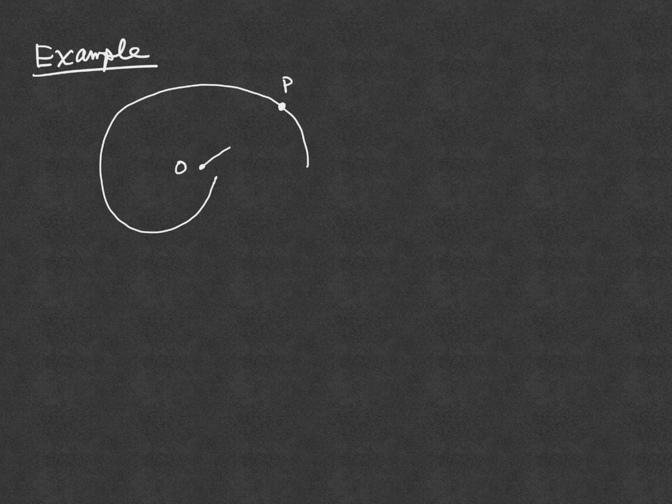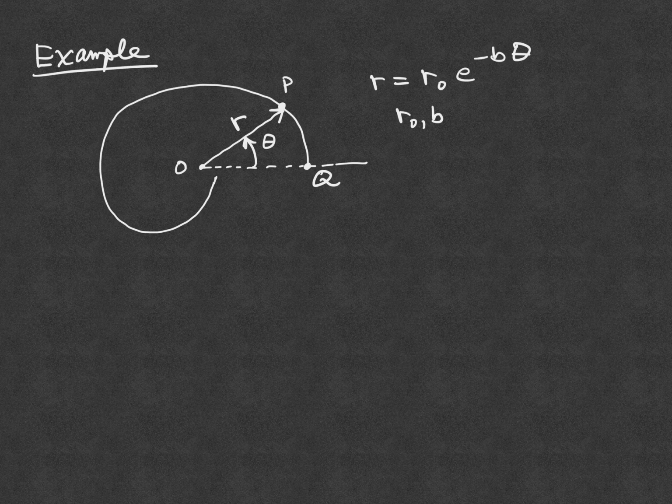This point P, the distance from O to P is R, and R is equal to R0 times e to the minus b times the angle theta, where theta is the angle measured relative to this direction that I'm going to call horizontal. And just for simplicity, I'm going to call this point Q. And OQ is like a horizontal direction if you want to think of it that way. And R0 and b are constants.